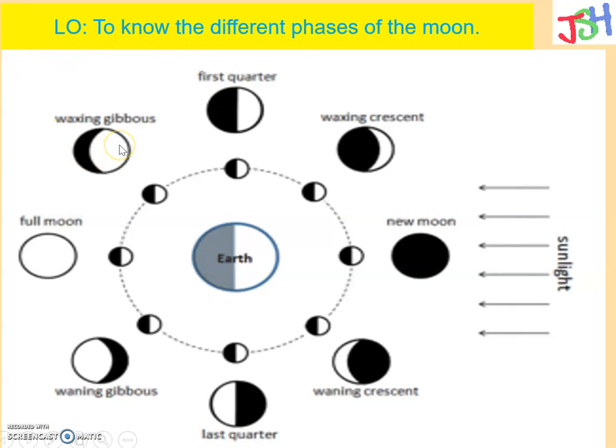Then the next stage is the waxing gibbous. The waxing gibbous is still signifying growth. Then the next stage is the full moon. The full moon is the bright, lovely moon that we all love to behold, which lasts all through the night. During the full moon, a lunar eclipse can also occur.